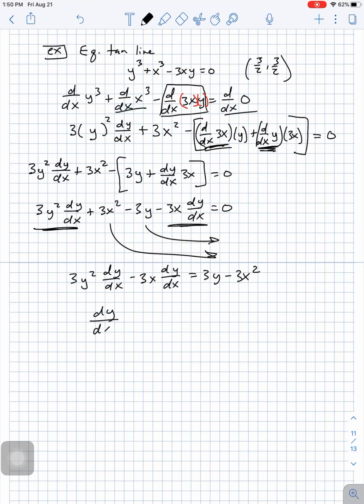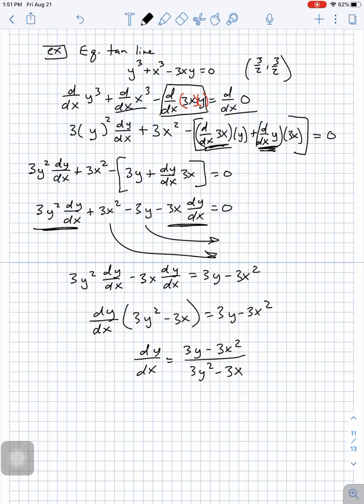And then I factor out a dy dx. Okay, and that's my derivative.